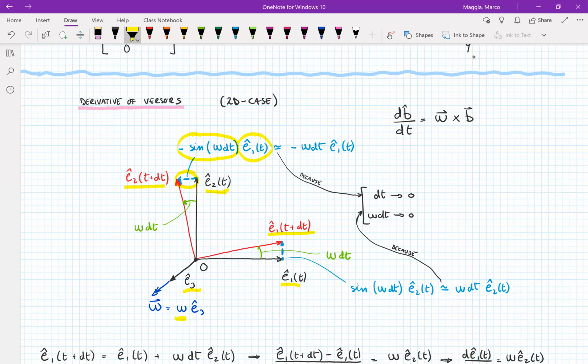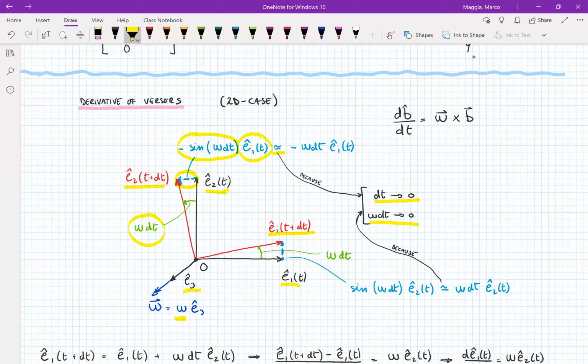The angle that E2 sweeps is just omega, which is constant, times dt. But now I can approximate this sine with its argument because the angle itself is very small. It tends to zero, as a matter of fact, because dt tends to zero. It's an infinitesimal amount of time, and therefore the angle is also infinitesimal.